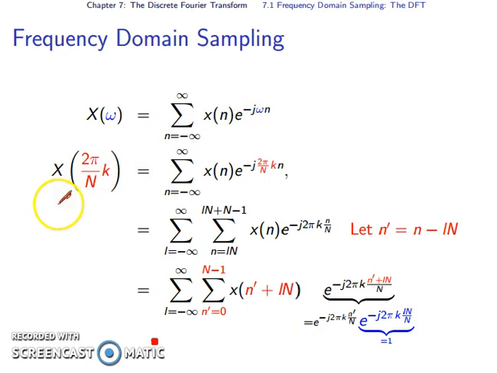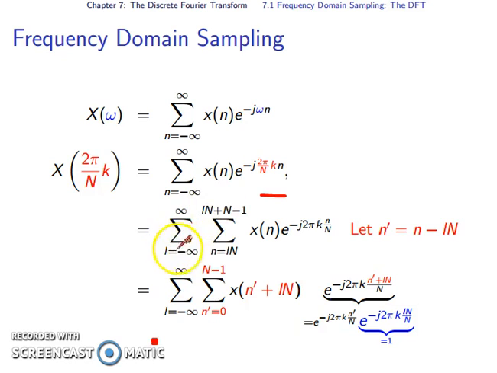Instead of omega, we will use 2 pi by N into k. So substitute omega is equal to 2 pi k by N. So we'll get the equation as this one.